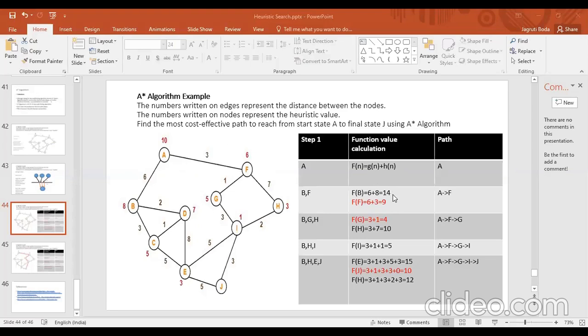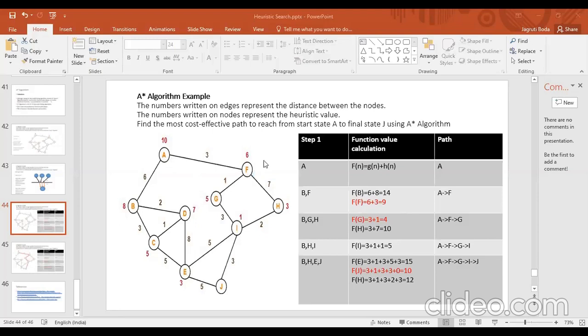Now we have to check which has the minimum value. We have to check B and F, which has the minimum value, that is F. So here I mark it as red. So here I select the path that is A to F because this has the minimum value to reach the next step.